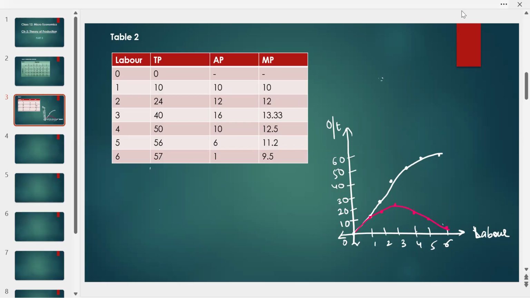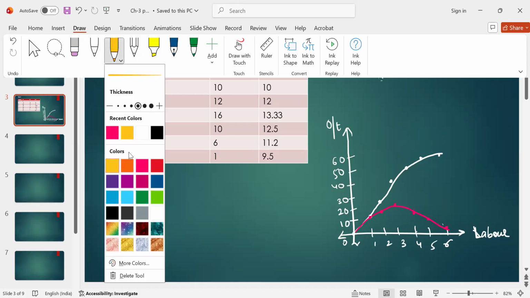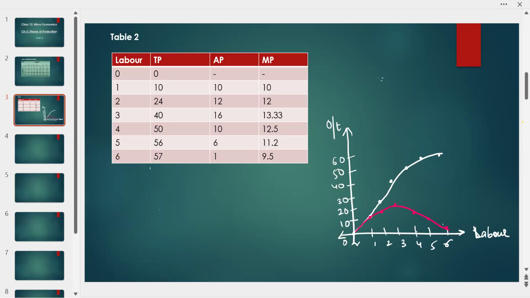Now, again in a different color. On 1 unit, we have 10 units. On 2 units, we have 12 units, the same. On 3 units, we have an MP of 13.33, so it's slightly higher than this.